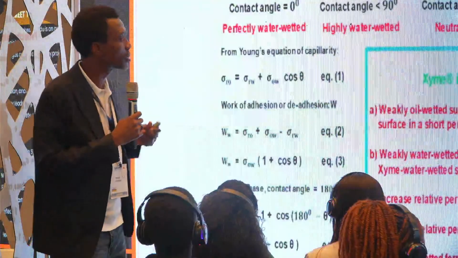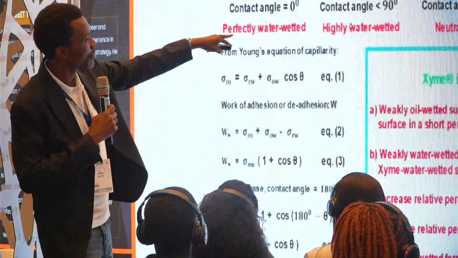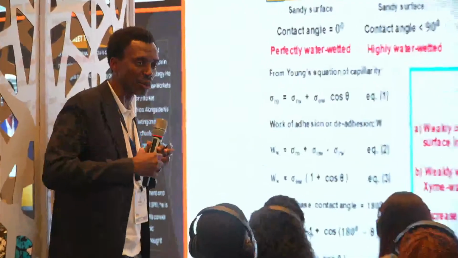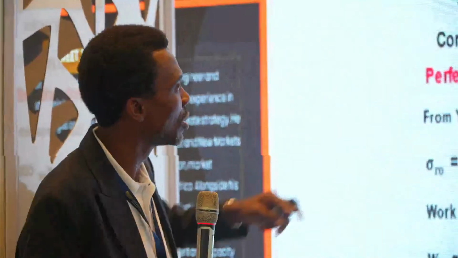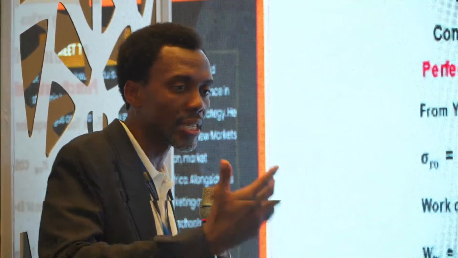And if you notice, where we have less than 90 is where we have a better contact angle. So that lower contact angle, when it's flat on surface, that means it's just on it. But the contact angle less than 90 actually is where the wettability is best for us. So once we have it less than 90, we now know, okay, this thing is actually unlocking the oil.